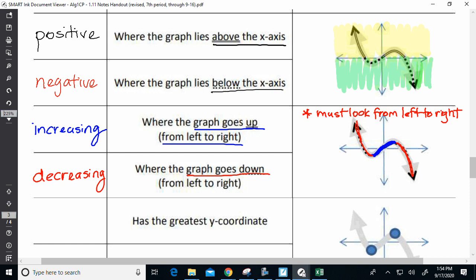Maybe another few more seconds, and then we'll do the last three definitions.